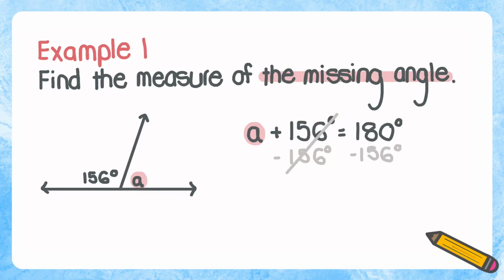This will cancel out, and I am left with A equals 180 degrees minus 156 degrees, which equals 24 degrees. So A equals 24 degrees. I found this angle measure by using the fact that the two angles are supplementary and add up to 180 degrees.